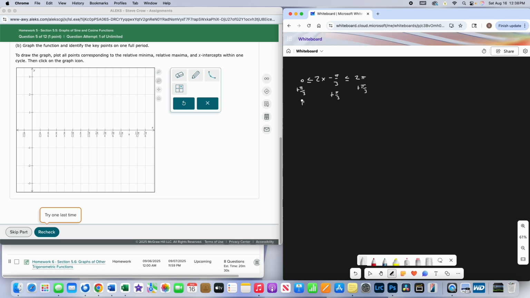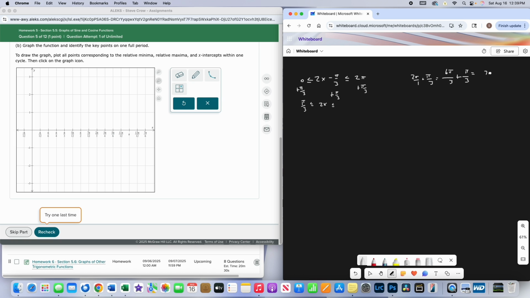So that's going to give me pi over 3 less than or equal to 2x less than or equal to 2 pi over 1 plus pi over 3. So I'm going to get a common denominator of 3. So that's going to be 6 pi, and then that's going to be pi.